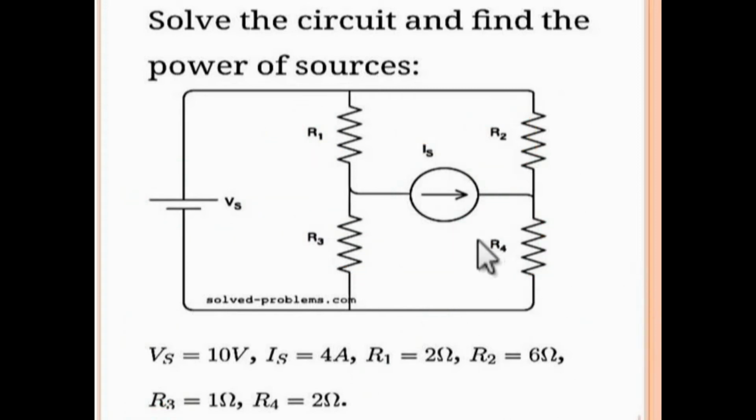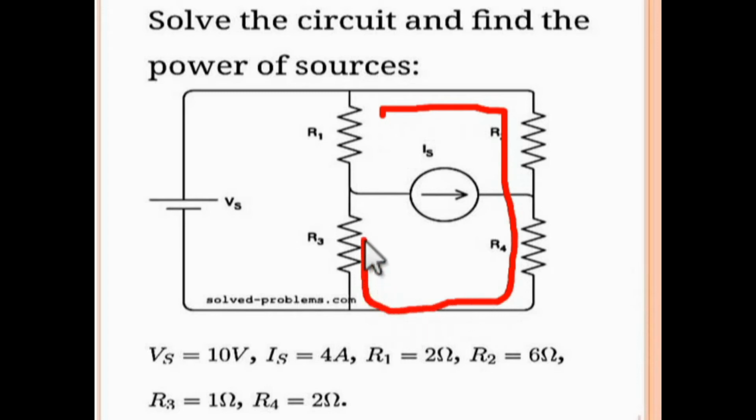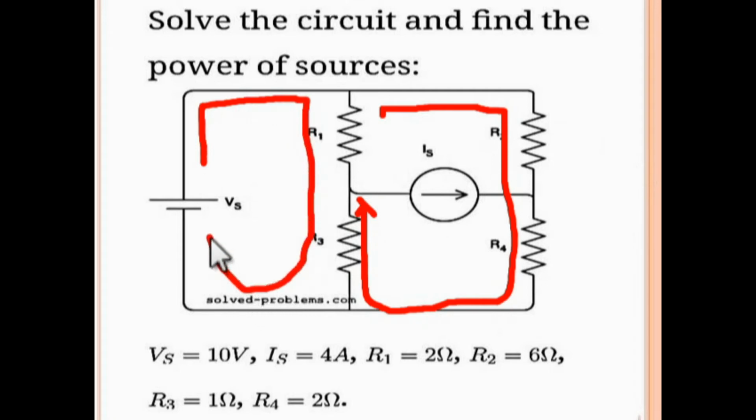So now we have to apply super mesh analysis, KVL in these two meshes. A combined equation will be written over here, and a separate equation of this first mesh will be written over here. Okay, so let's start. What will be the equation?